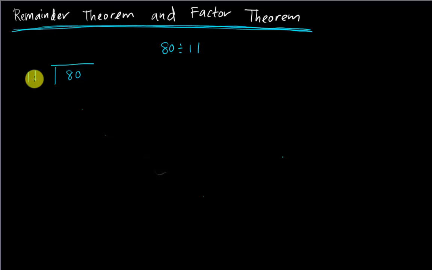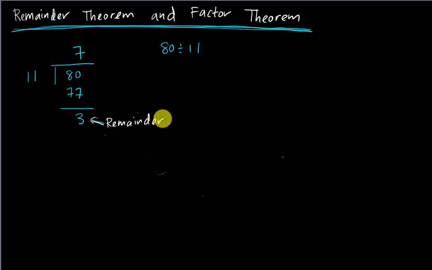When we divide this, I'll put a 7. 7 multiplied by 11, I will get 77. Then I will be left with 3. So in this case, our remainder actually is 3. The 3 itself is the remainder.